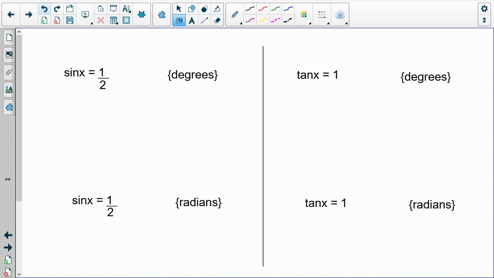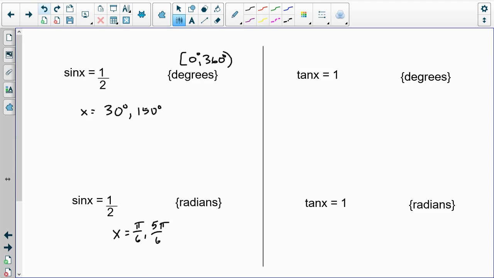So we know that sine of x equals 1/2. Just in a degree situation, let's pretend like we're going from 0 to 360. In that case, x would be 30 degrees or 150 degrees. And likewise, in the radian format, it would be pi over 6 and 5 pi over 6.